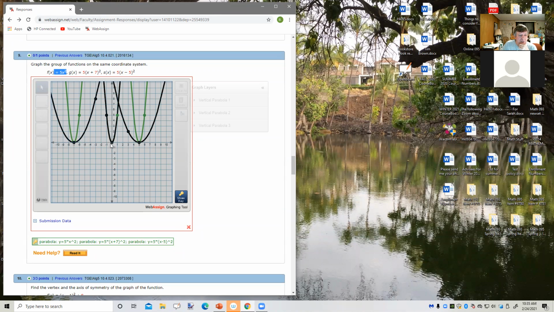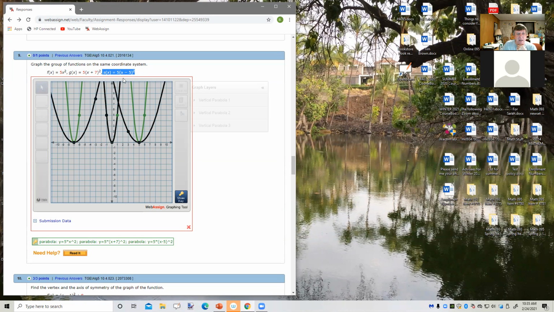But consider this, the only thing that's changing is the whole thing is shifting to the left 7 units. So instead of (0, 0) and (1, 5), I'd have (-7, 0), and then I'm going to go over 1 and up 5. Click, there's my second point. There's my graph, okay?